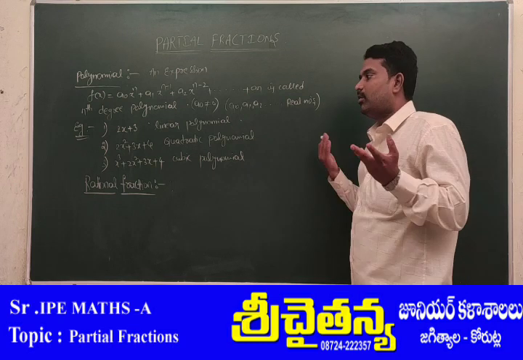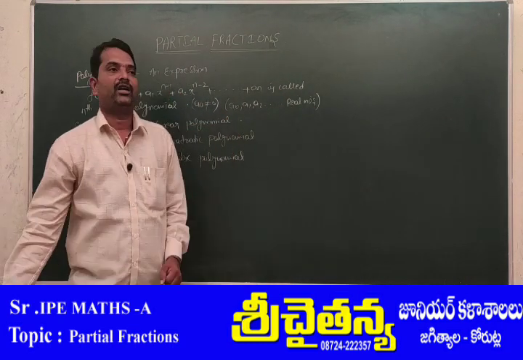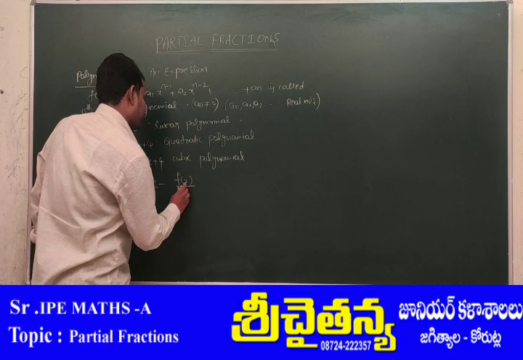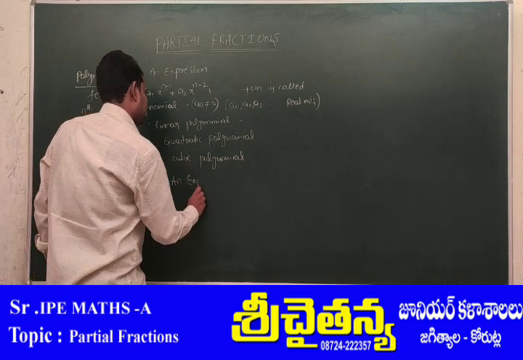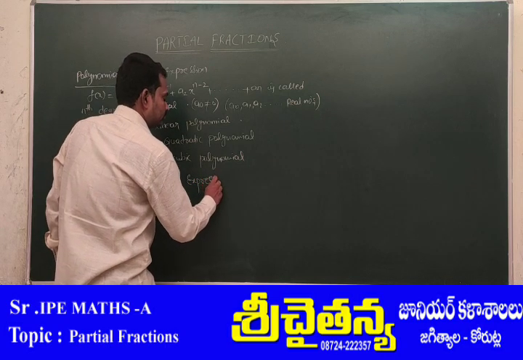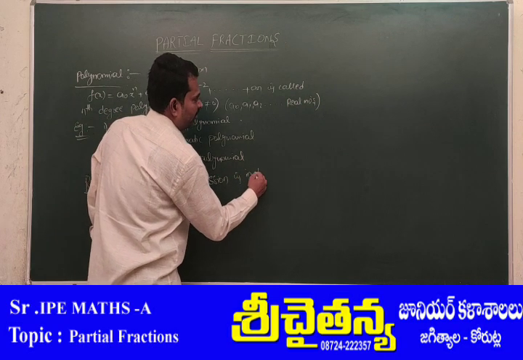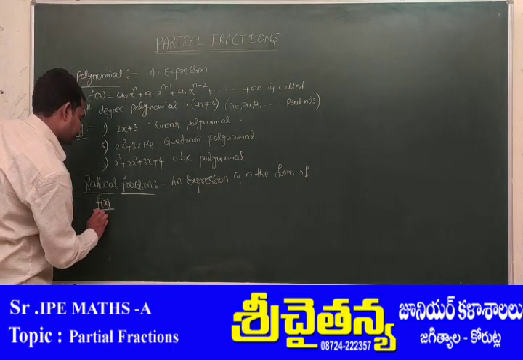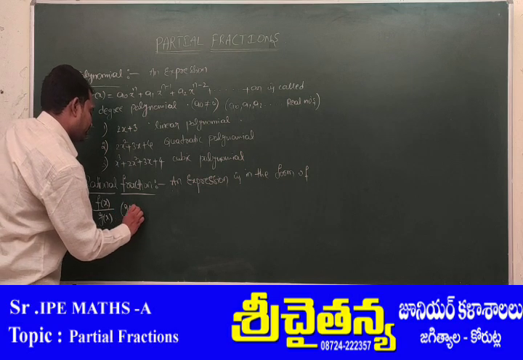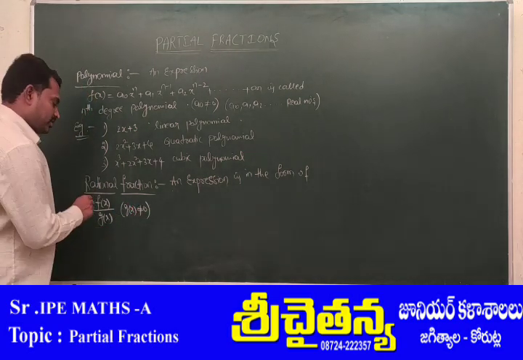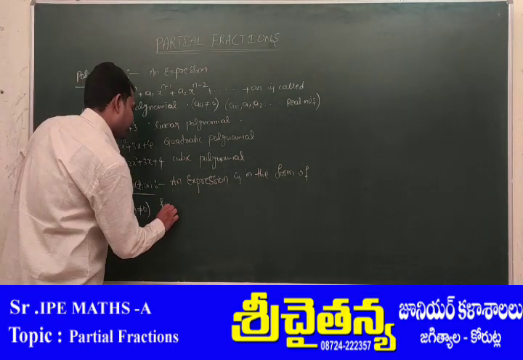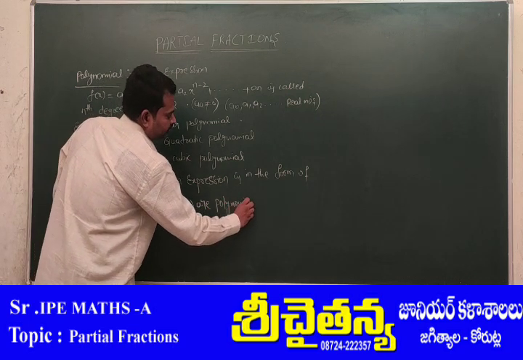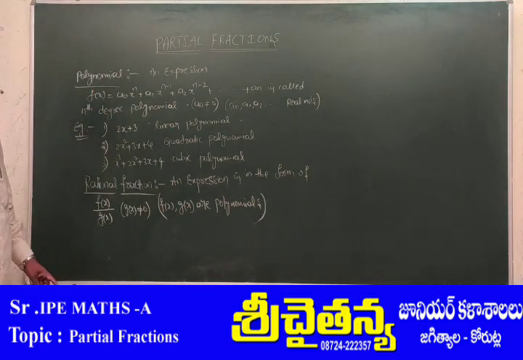Now what is meant by a rational fraction? A rational fraction is an expression in the form f of x by g of x, where g of x is not equal to 0, and f of x and g of x are polynomials.